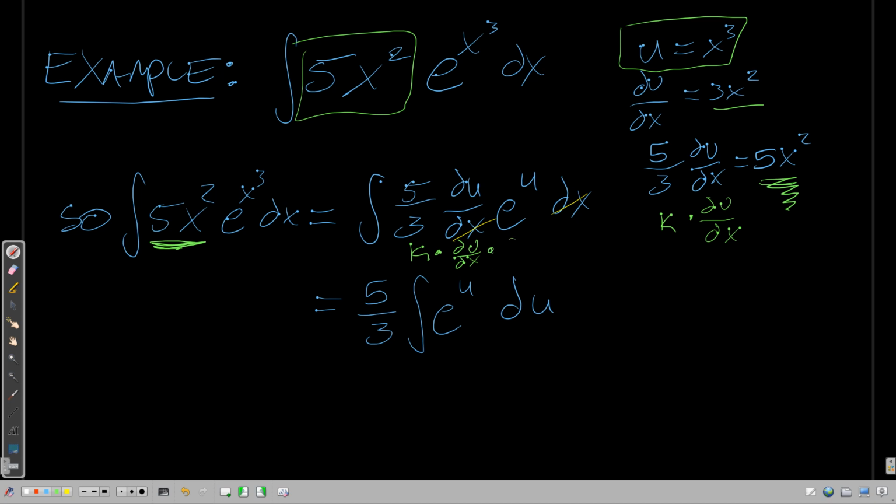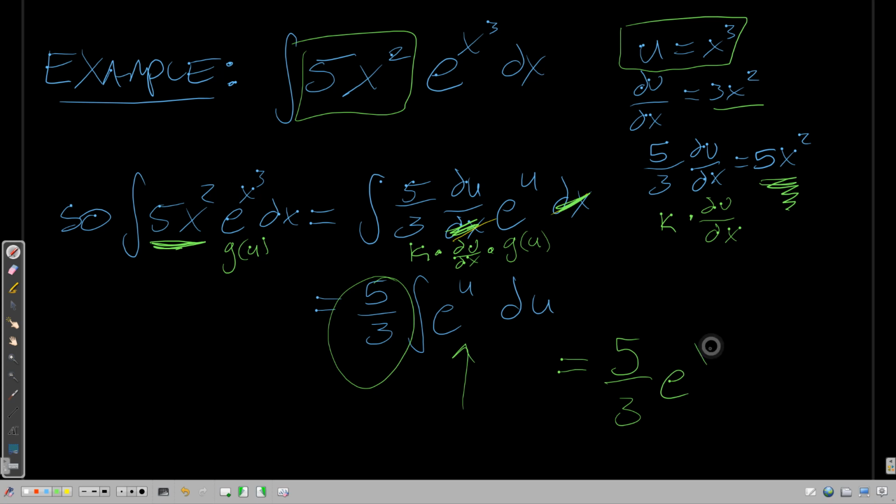And then it's times some g of u. This right here was g of u because u was x cubed. But the dx's cancel and the constant comes out front, and now you're just integrating e to the u du. And you would just get 5/3 e to the u, but u is x cubed.